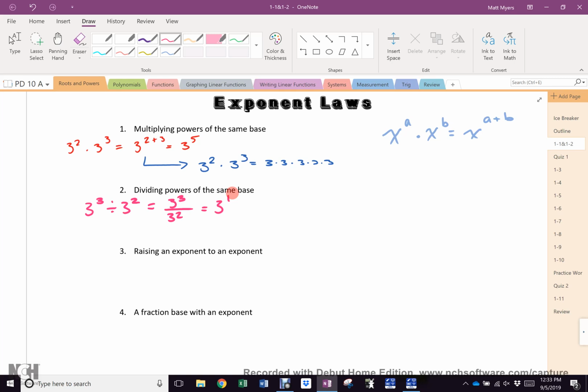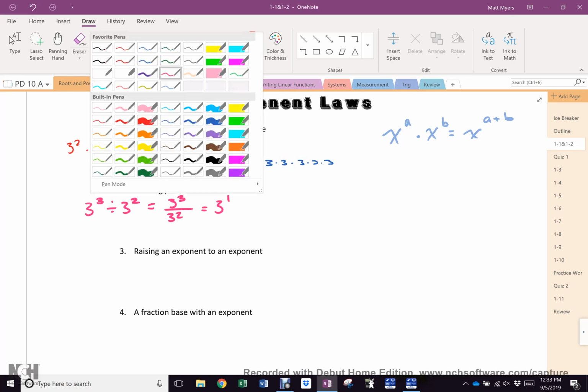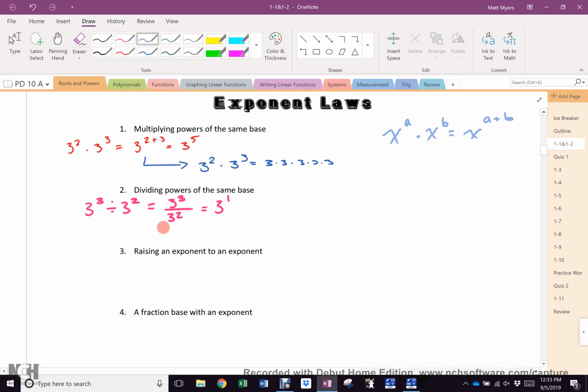Jordy. Because when you write it in expanded form, 3 times 3 times 3 over 3 times 3, it's like you multiply them, but then you have to take them out again. You got to cancel. Now, we all call it canceling. And when you guys cancel, you just cross them out and they disappear, don't they? Do they really disappear? What do they become?